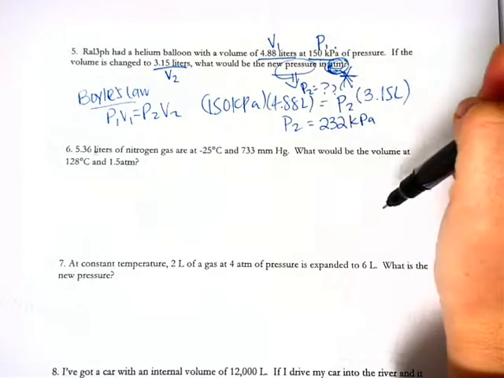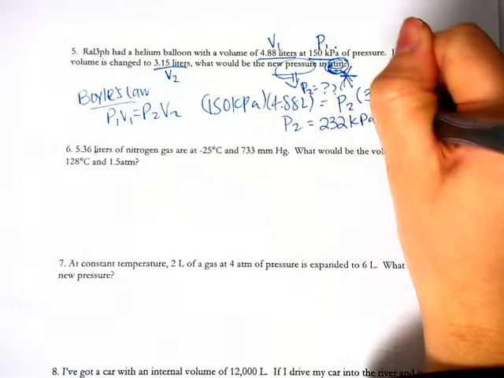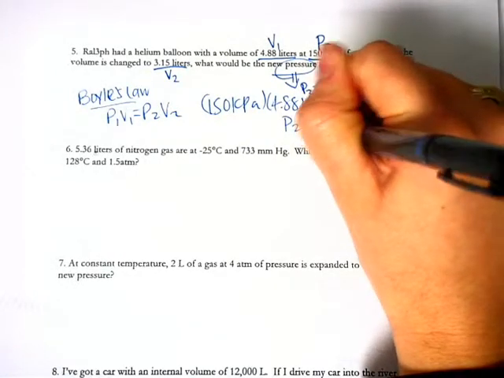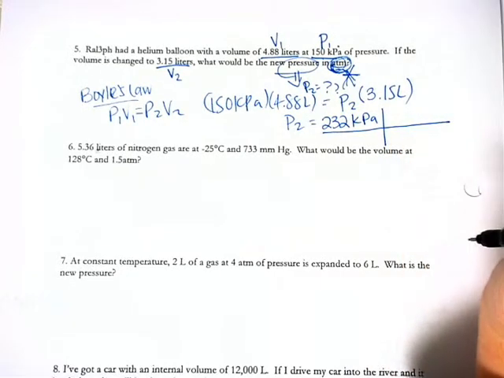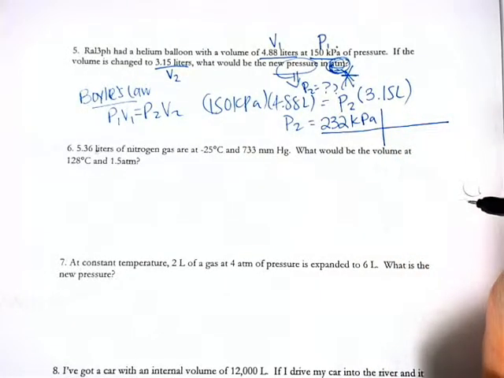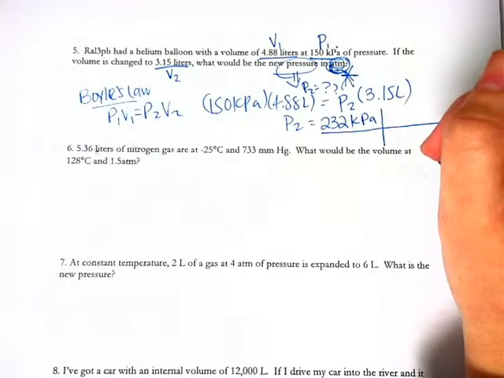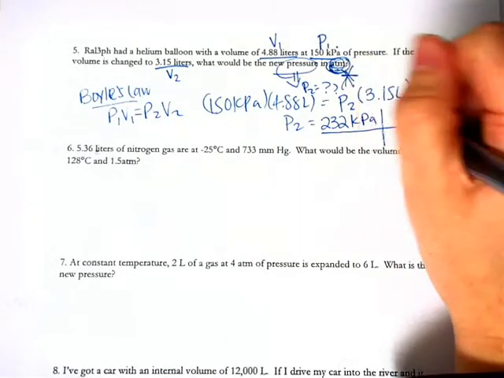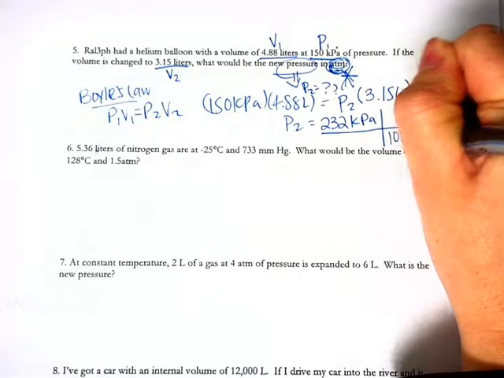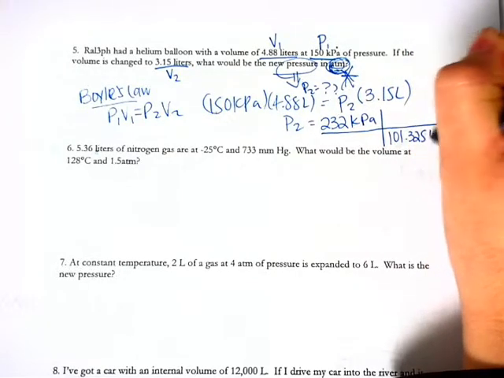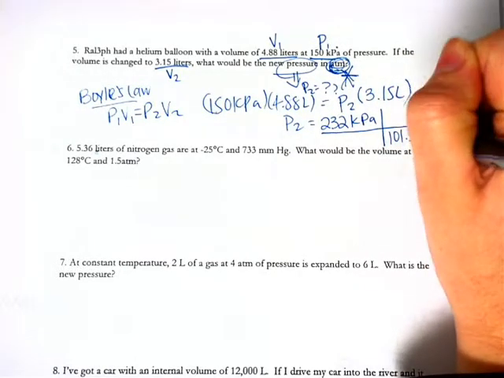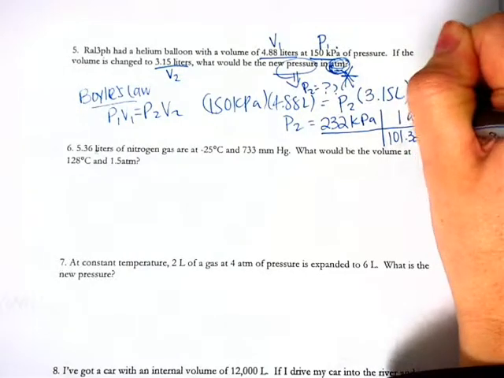But I want to know it in atmospheres. Yeah, that's the problem. So I have to do what I did on my homework last night and convert to atmospheres. What's my conversion factor between kilopascals and atmospheres? Yep, 101.325 kilopascals is equal to how many atmospheres? 1.